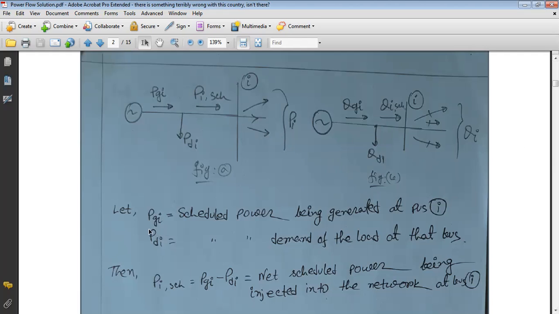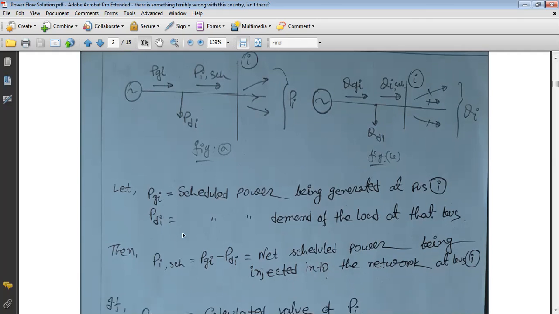So if PGi is the scheduled power being generated at bus i, that is the generated power, and PDi is the demand power of this particular bus, that is bus number i, then the net scheduled power being injected from the particular bus i to the other buses should be the generated power minus the demand of this bus.